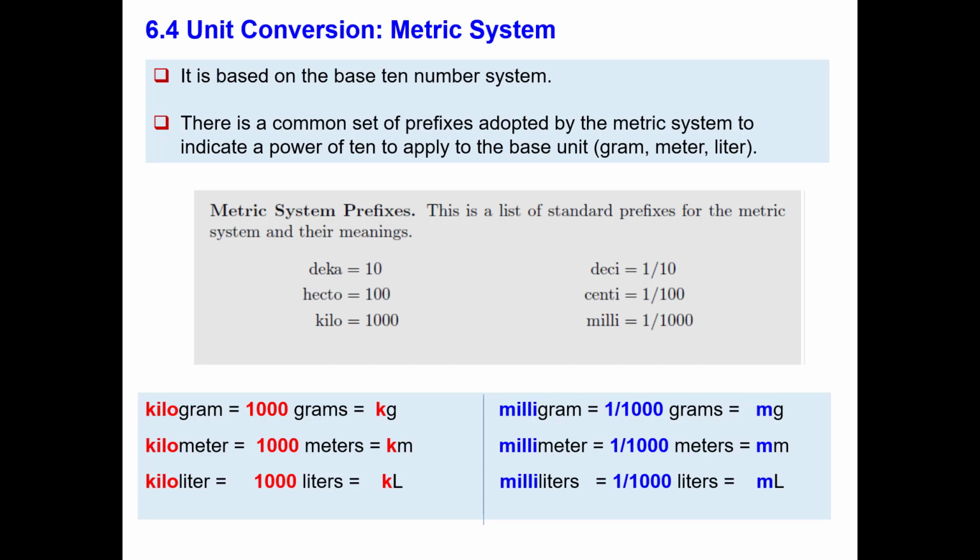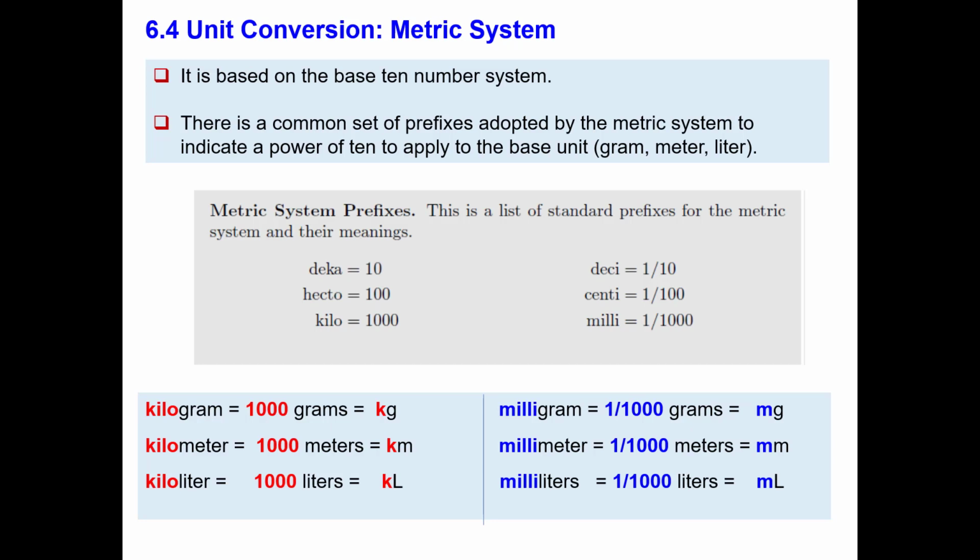The first thing we want to discuss is the metric system. The metric system is based on the base 10 number system, and there are common prefixes adopted by the metric system.